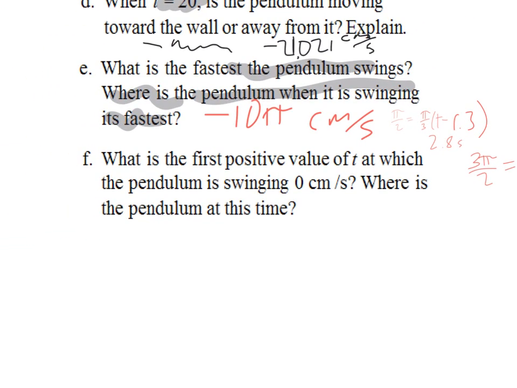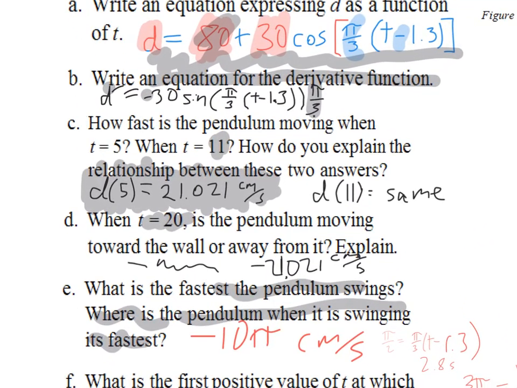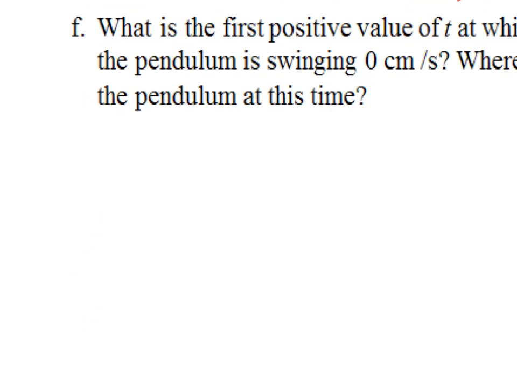And then, what is the first positive value of t at which the pendulum is swinging 0 centimeters per second? Where is the pendulum at this time? When does sine equal 0? Let's see. You let that equal 0, wouldn't that be at 1.3 seconds? Yeah, it's 1.3 seconds. I just look at the inside.